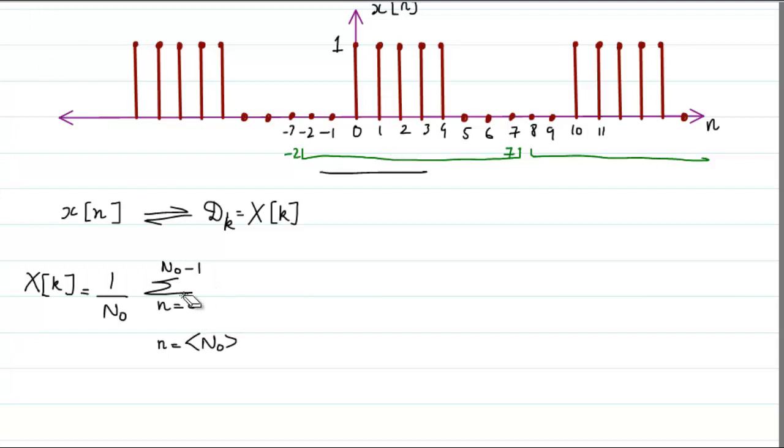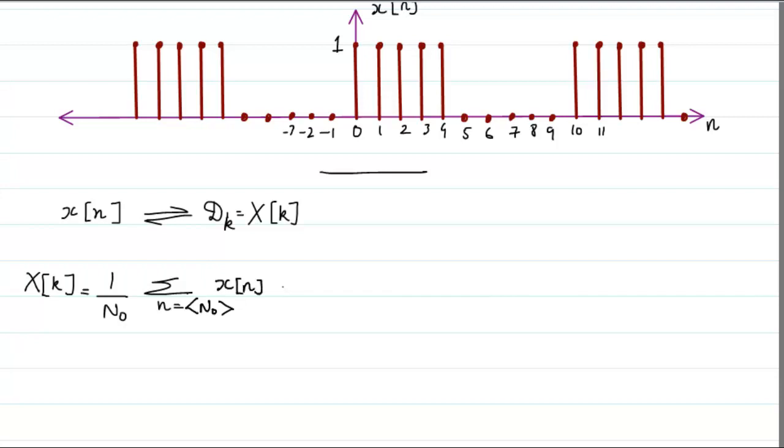So N naught need not always start from 0 to N naught minus 1, it can go from any value over a period of 10. So even though I write it like this, from now onwards I can write it like this, from some value to a value having a periodicity of 10.